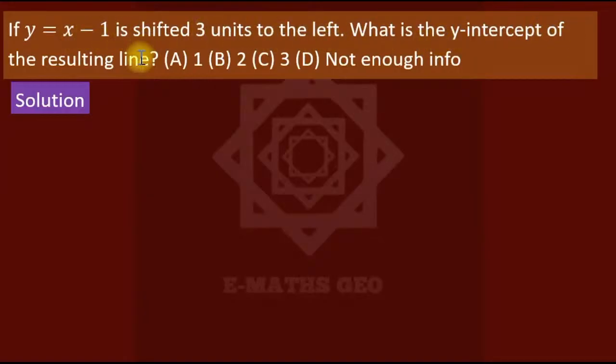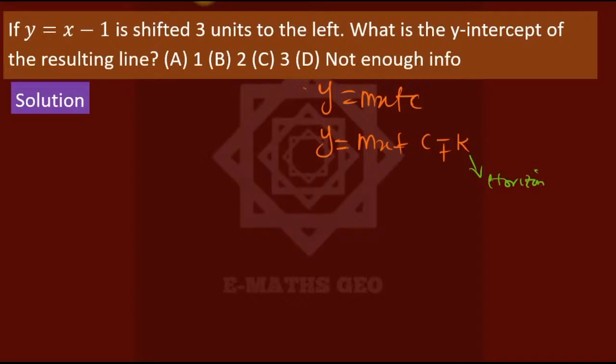Y equals x minus 1 is shifted 3 units to the left. What's the y-intercept of the resulting line? So generally, if you are given the original equation of the line as y equals mx plus c, the resulting equation after shifting either to the left or right is always y equals m(x minus plus k) plus c, where k is the horizontal shift.